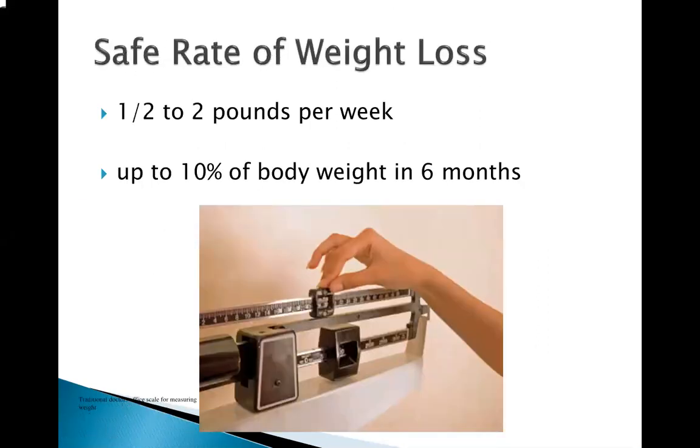What is a safe rate of weight loss? A safe rate of weight loss is actually a very slow weight loss. The reason a slow weight loss is recommended is because it will not change your metabolic rate as rapidly as a quick weight loss.